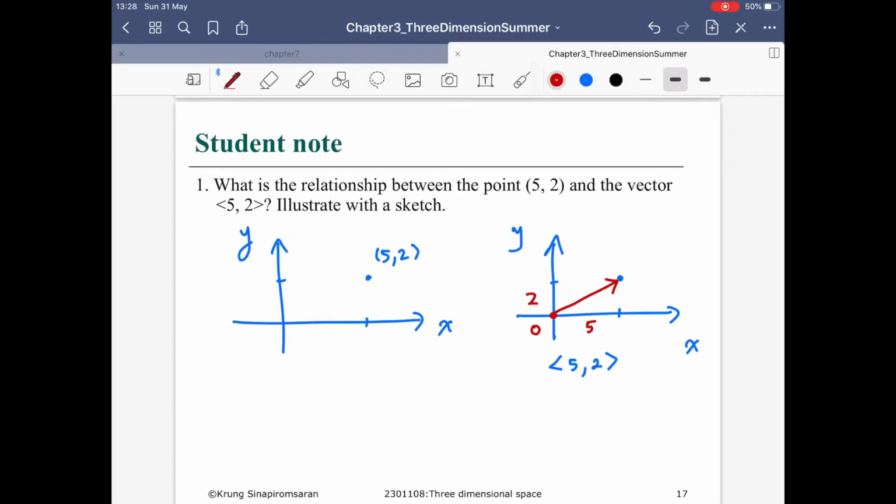So here is the vector. The vector has a length or magnitude as well as a direction, but the point is simply a position in space. So the vector is a quantity, and this one is a position.